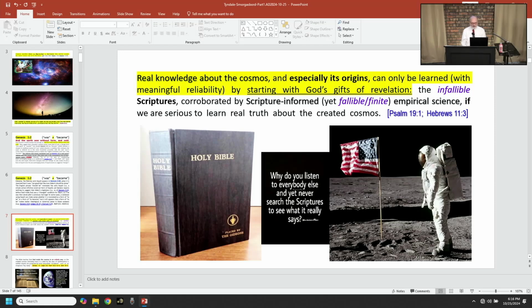There are many things that we can search all we want, investigate all we want, and we will not find the right answer unless God chooses to give it to us. And so a little bit later in this program, we're going to look at the limitations of empirical science and why empirical science is not a good method for learning the truth about no longer observable, unique events of the past.